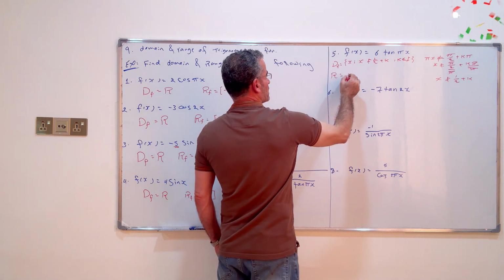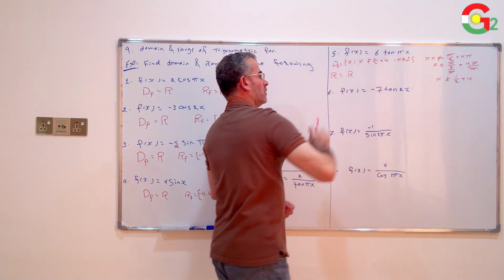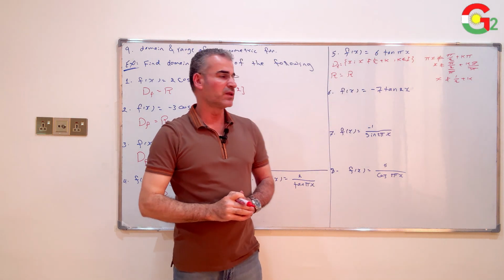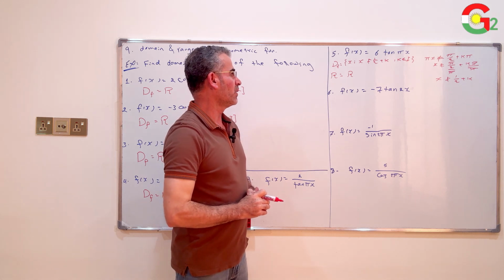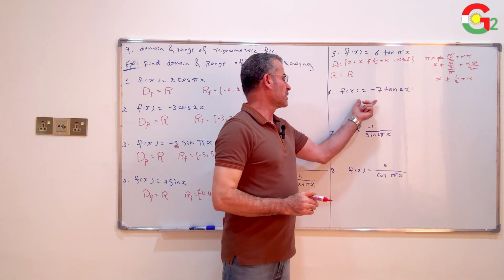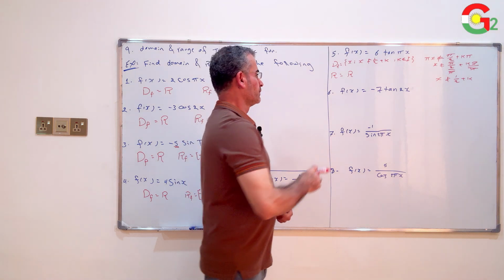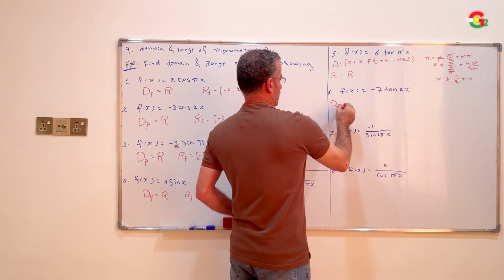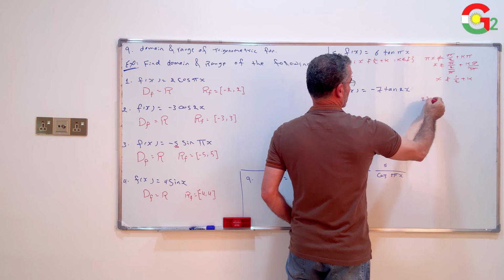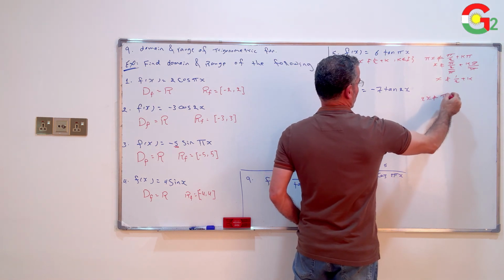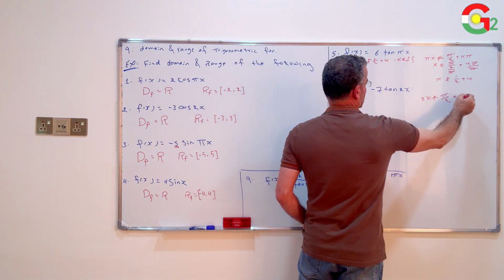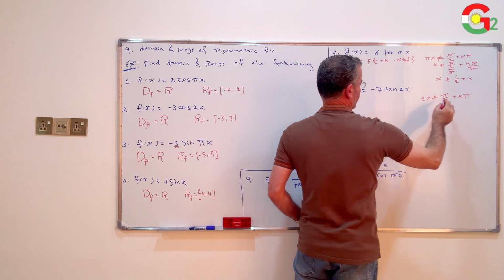And the range is the same range of the tan function, all real numbers. f of x equal negative 7 tan 2x. The domain, I set 2x not equal to pi over 2 plus k pi.